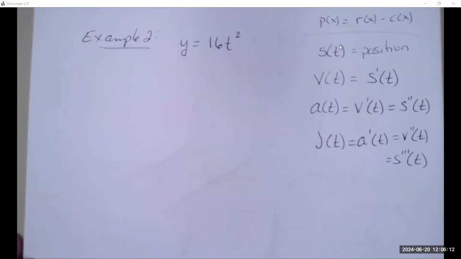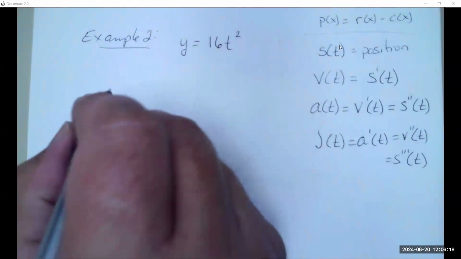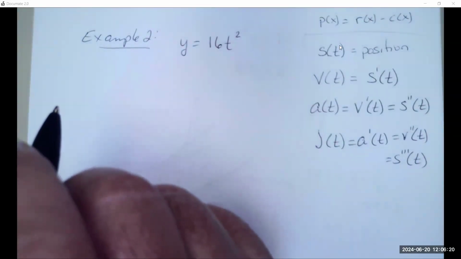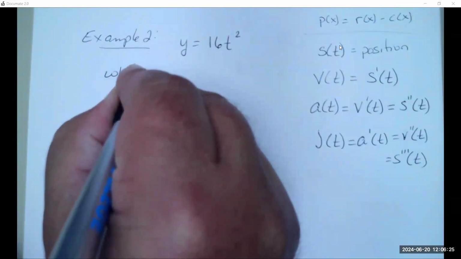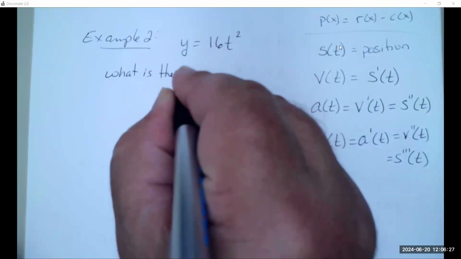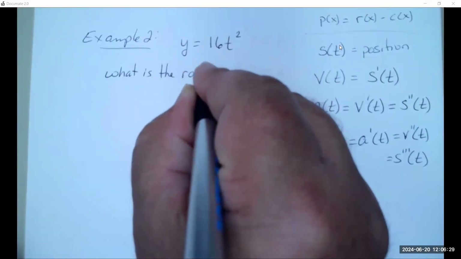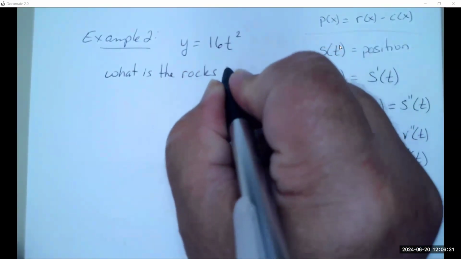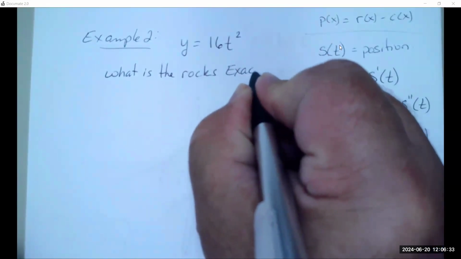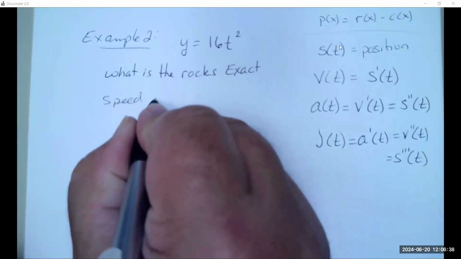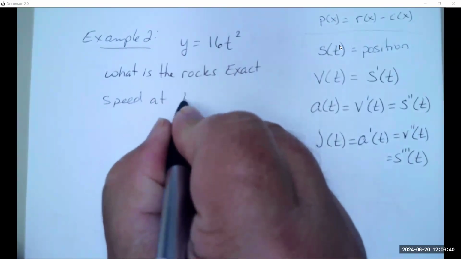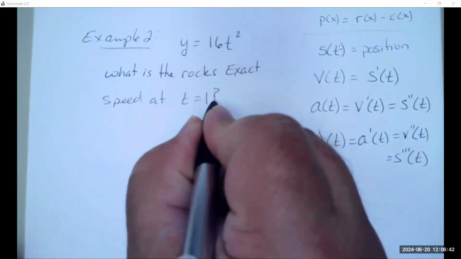And we use a sequence of average rates of change over shorter intervals to find the instantaneous rate. What is the rock's exact speed at t equals 1?